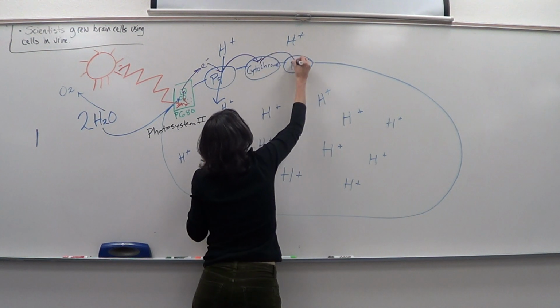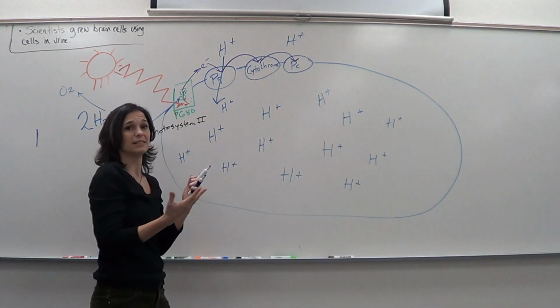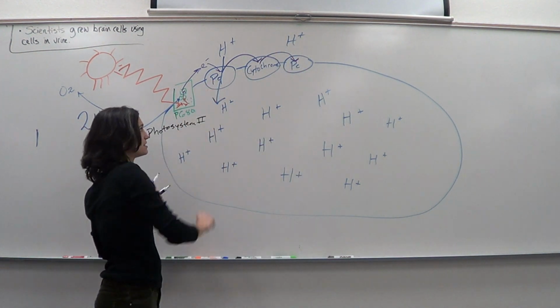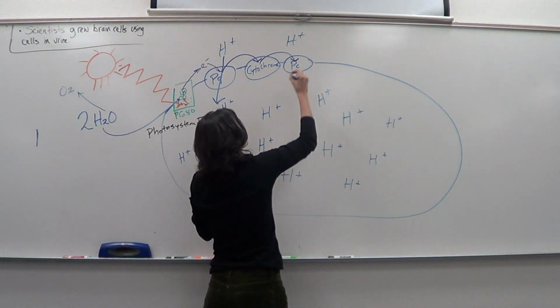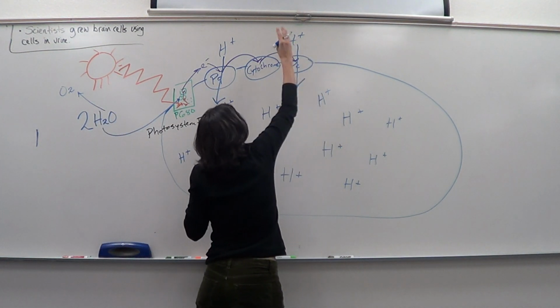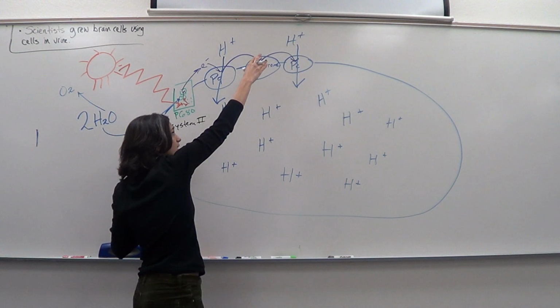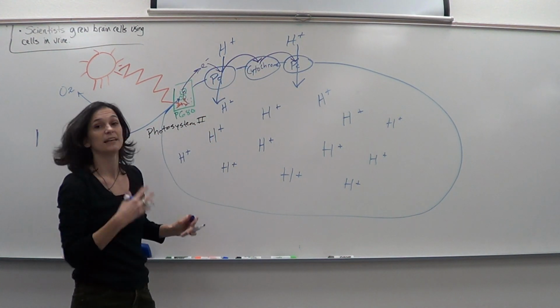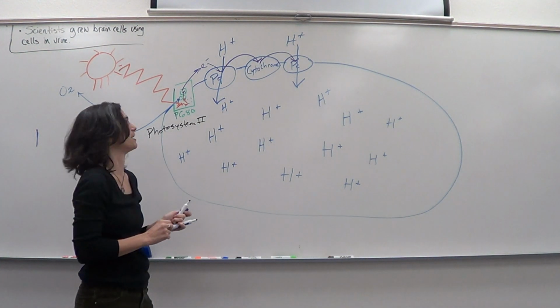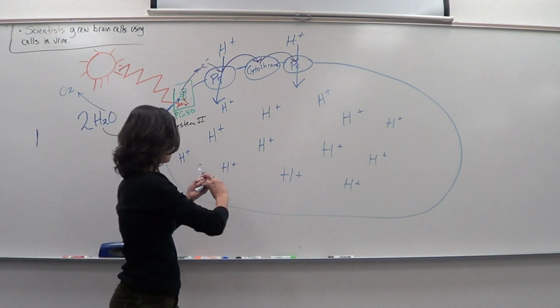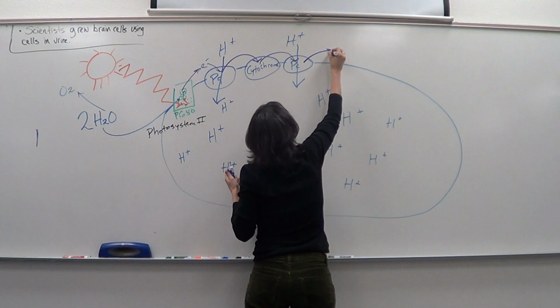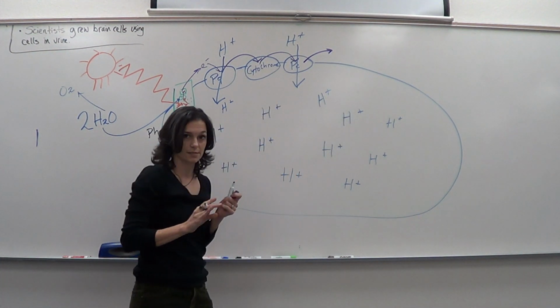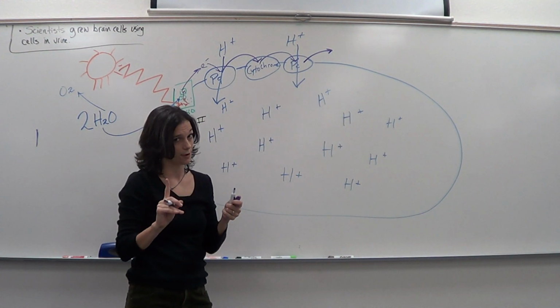And the plastocyanin is going to take the energy and do exactly what this first one did. It is going to do some active transport, and it is going to pump some of these hydrogen ions into the thylakoid space. Now that still has not used up all of the energy from the electron. So this electron is going to be used to do something else. But once again, we're going to hold that thought.